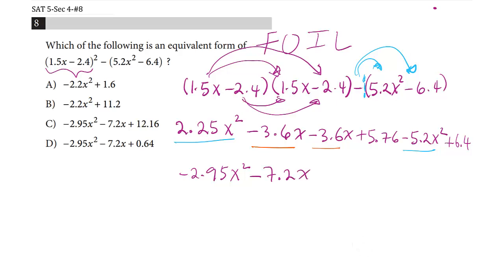And by the way, notice at this point, you could eliminate 2 of these answers. Once again, A and B would be out. That leaves just C and D. And we'll complete this by figuring out the last piece, which is 5.76 plus 6.4. And the answer to that is 12.16, which makes C the correct answer to this question.